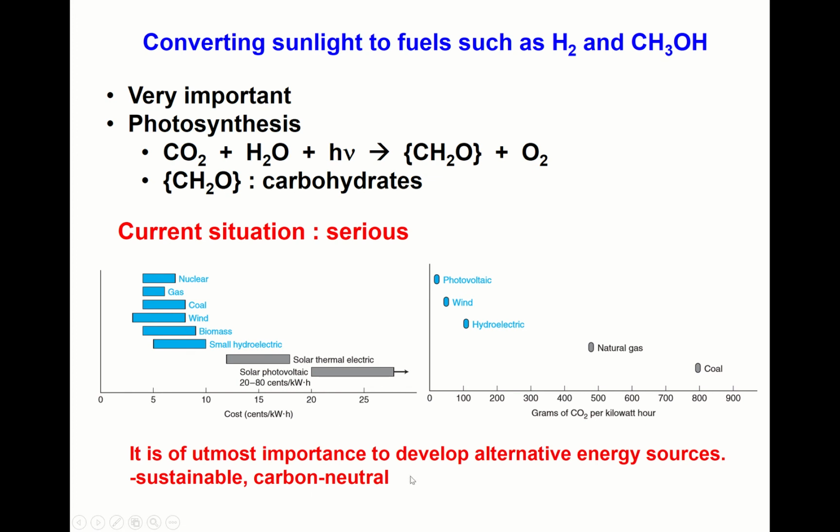You may think that if we cut the wood and burn it, CO2 is produced into the air. Why is it carbon neutral? But think about that. The trees grow. So if your cutting rate and growing rate are the same, eventually the carbon neutral condition is met.